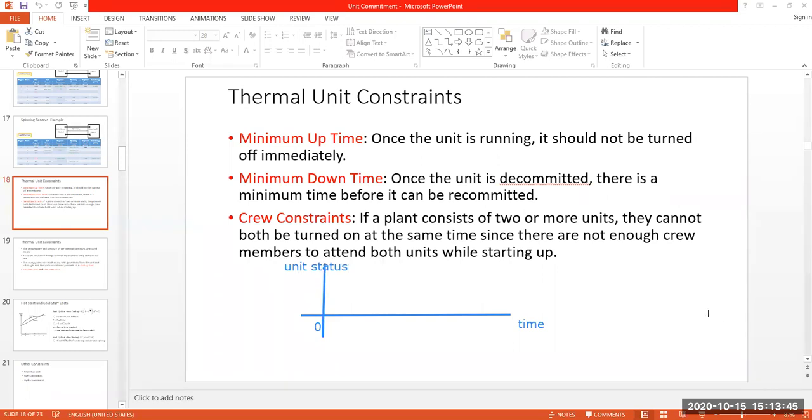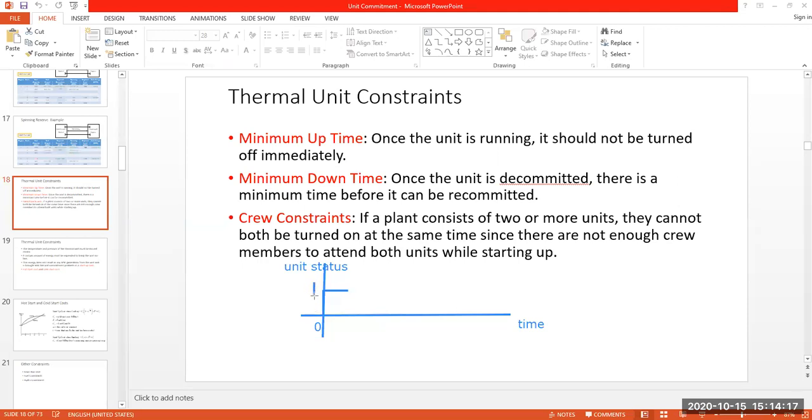Either it is contributing or it is not contributing. Either it is connected to the network or it is not. So let's say at time t equals 0, you turned on the unit because you needed it. Let's say your load increased suddenly. If your load increases, you have to turn on the unit. So this was the transition from 0 to 1.